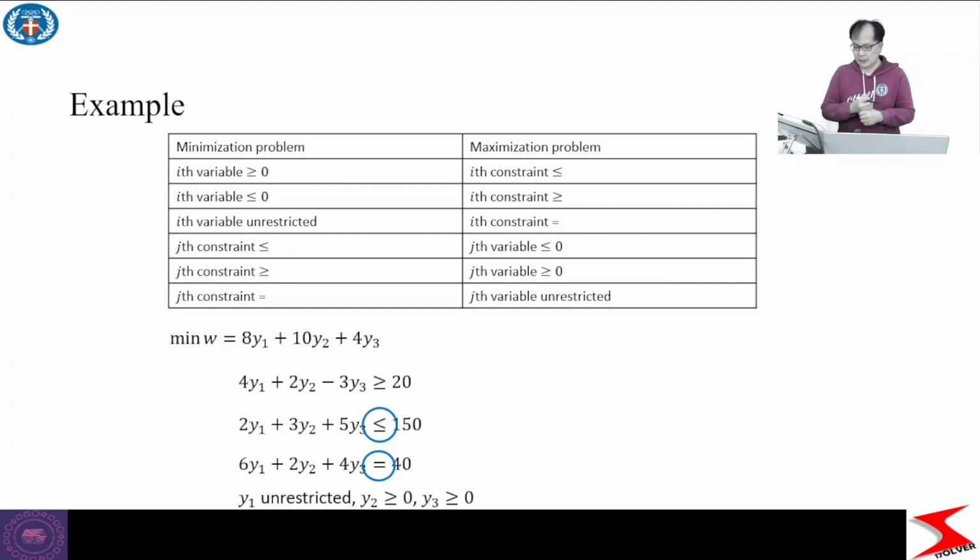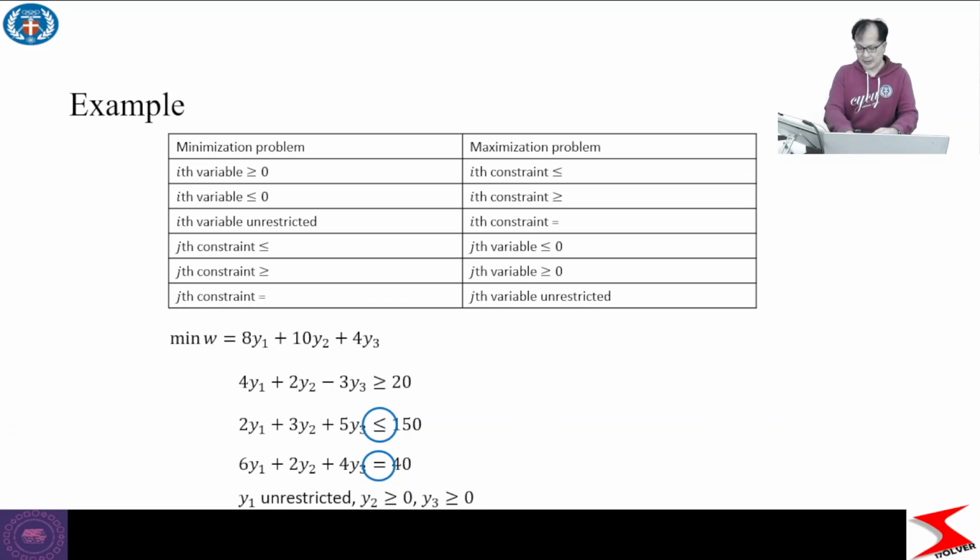We start from the minimizing problem: minimize 8y1 plus 10y2 plus 4y3 subject to 4y1 plus 2y2 minus 3y3 greater than or equal to 20, 2y1 plus 3y2 plus 5y3 less than or equal to 150, 6y1 plus 2y2 plus 4y3 equals 40, and y1 unrestricted, y2 and y3 greater than or equal to 0.